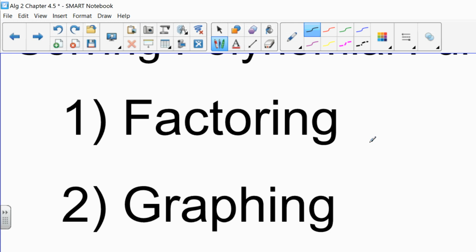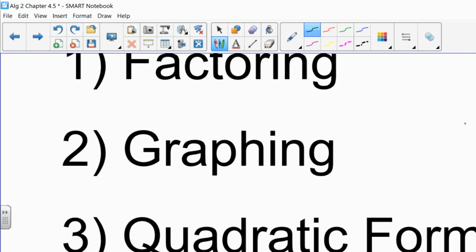That's one of the ways we learned how to solve these quadratics. And the last one was completing the square. Both of these, 3 and 4, are really used for quadratics. They work very well for quadratics.